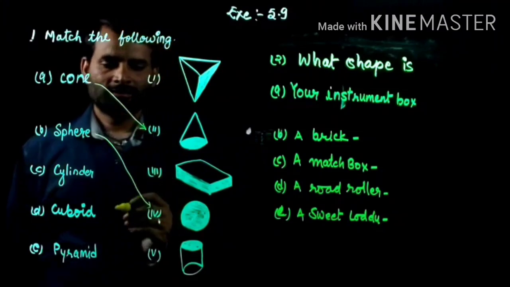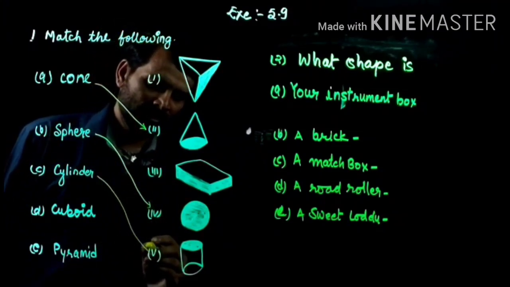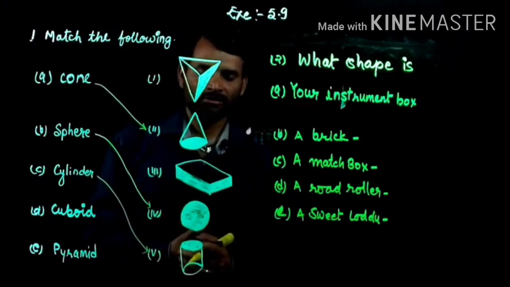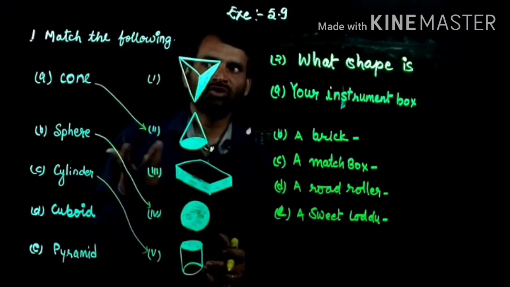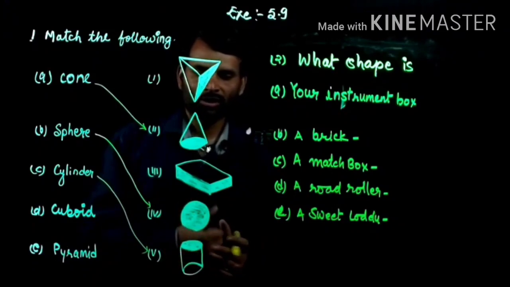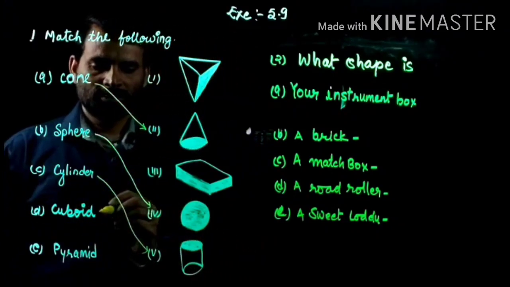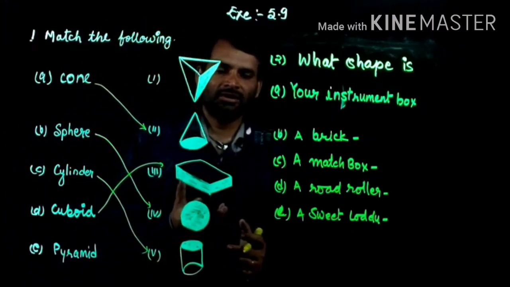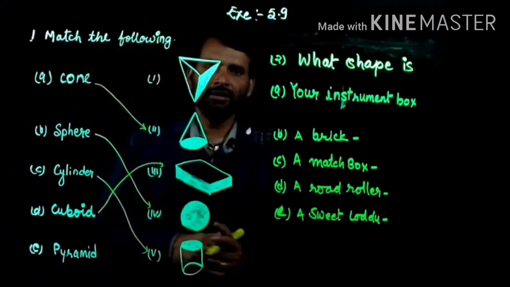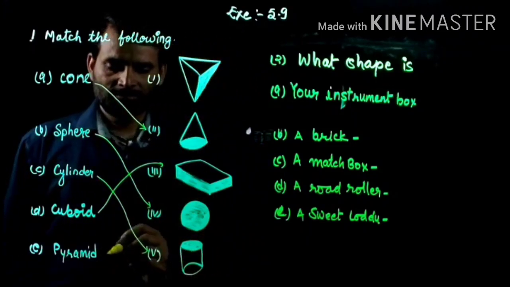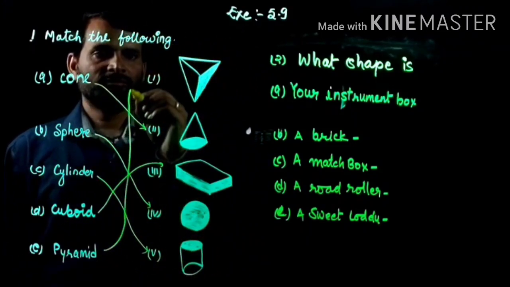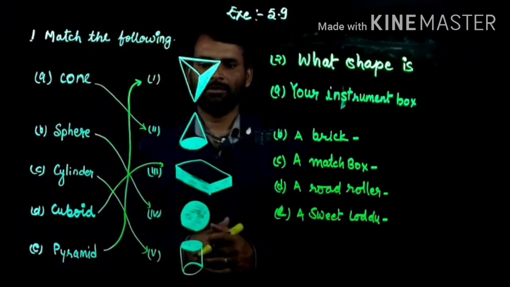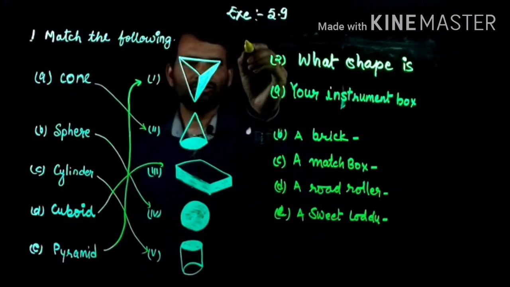A cylinder is the shape of a glass and a road roller. A cuboid is a shape made of square and rectangle surfaces, and then a pyramid. Cone, sphere, cylinder, cuboid and pyramid, so match the column. And the second question will continue.